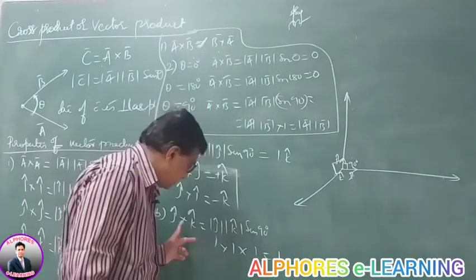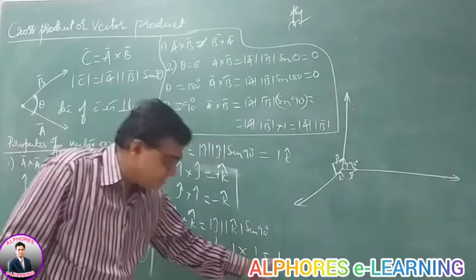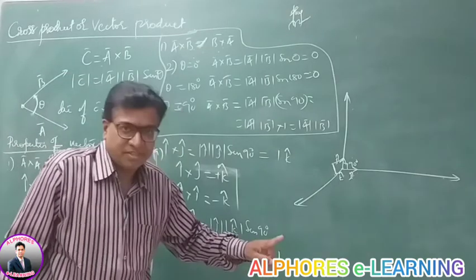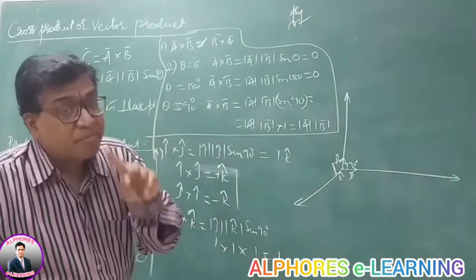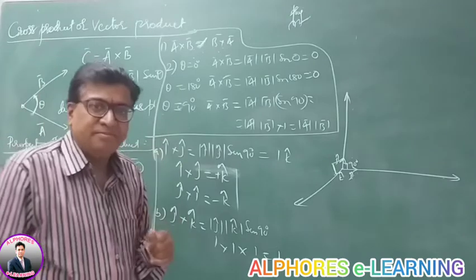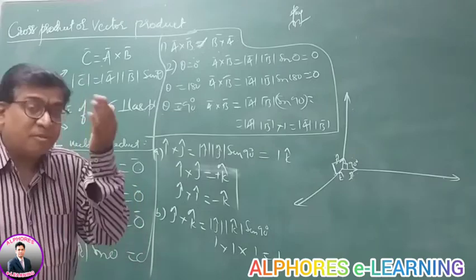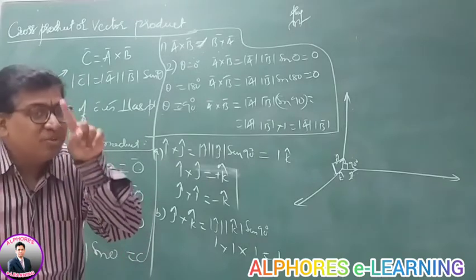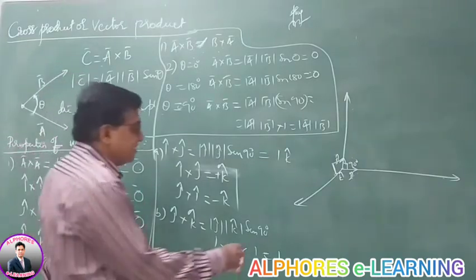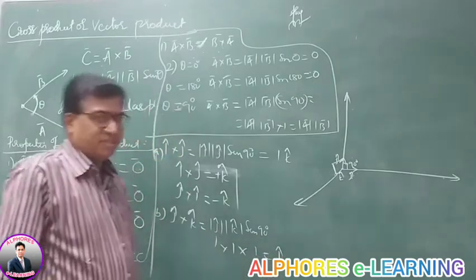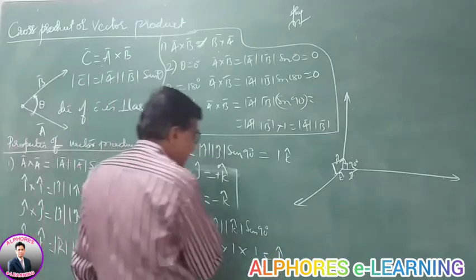So J cross K has unit magnitude and is a vector perpendicular to both J and K. Perpendicular to y and z is x, so it's a unit vector along the x axis. This is I. Very important. So J cross K is I.